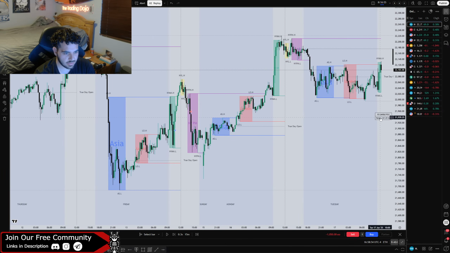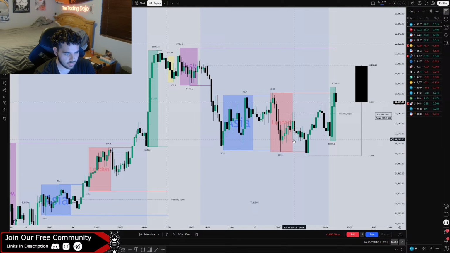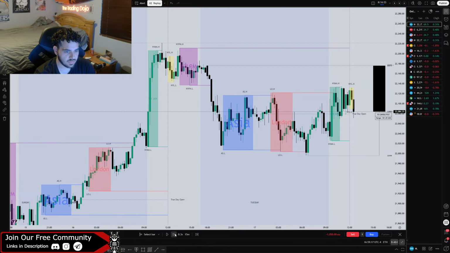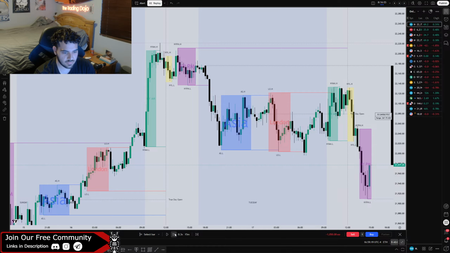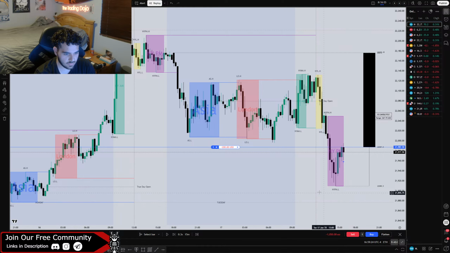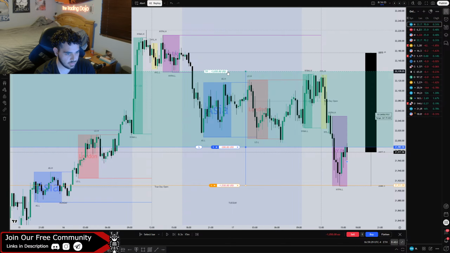Okay, so we took out buy side, lots of sell side. Still overall kind of bullish though right here. Yeah, I have a feeling. Let's see if we get some buy side right here.